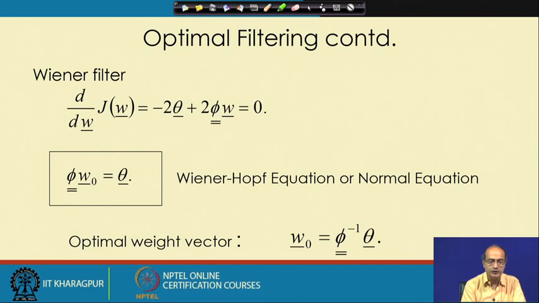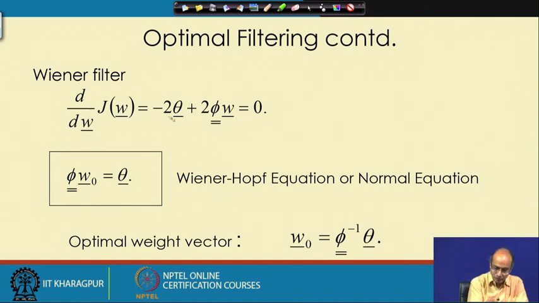By substituting the values of the derivatives of those 4 terms, for the Wiener filter we get: the first term, the derivative of the variance of the desired signal, contributes 0; the second and third terms contribute minus 2 theta; and the fourth term contributes 2 phi w.